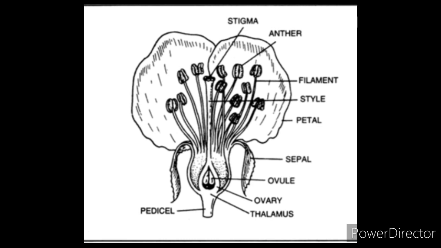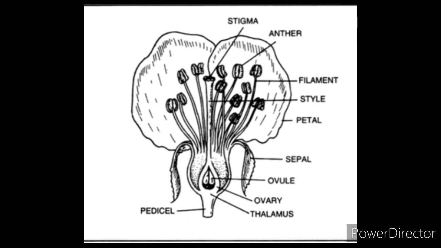The fourth part is called the gynoecium, which contains units called carpels or pistils or megasporophylls, which produce the megaspore or ovules. These four whorls, calyx, corolla, androecium and gynoecium, are the four flower parts.